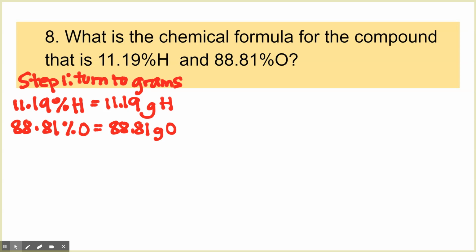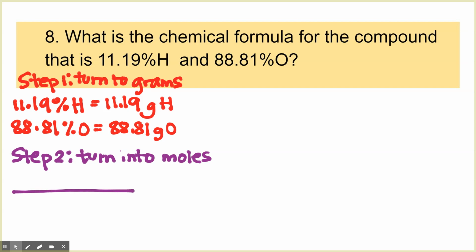All right, step two. Your answers in step one, you want to turn into moles. How do you turn this into moles again? Remember the boxes and the squares. Let's start with hydrogen.